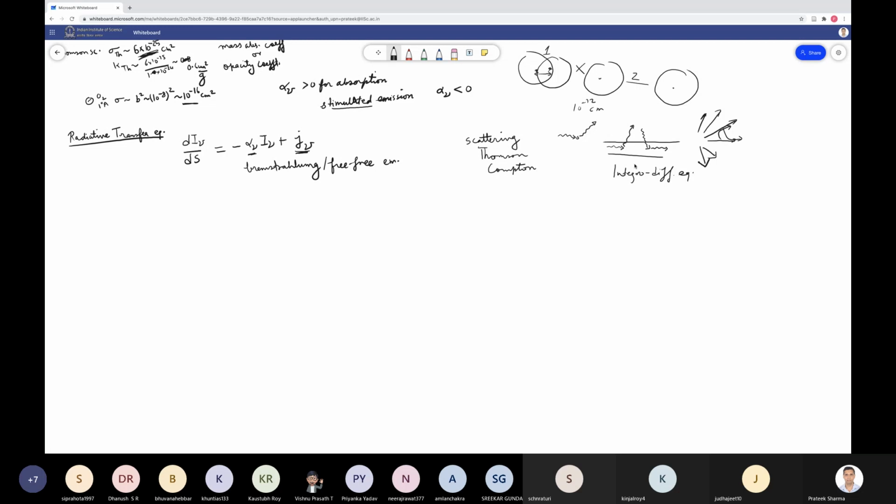What that means is that you have a differential term here, but you have a term which integrates over all these solid angles omega prime. So you have an integral on the right hand side over omega prime. That's why it's an integral differential equation.